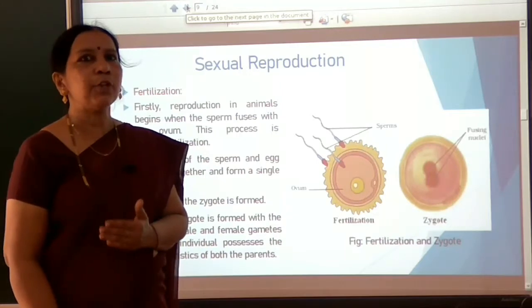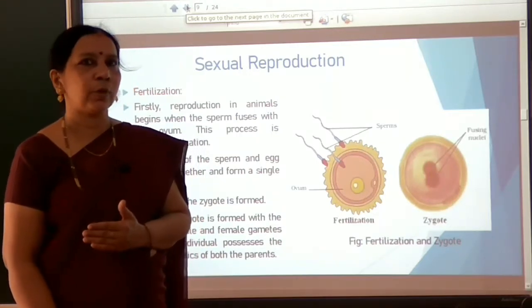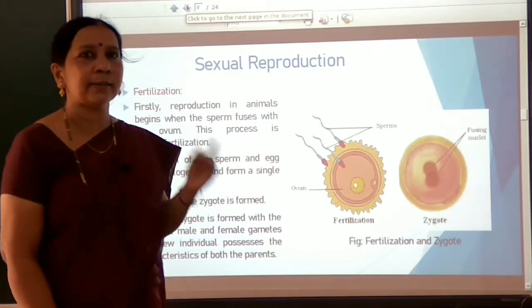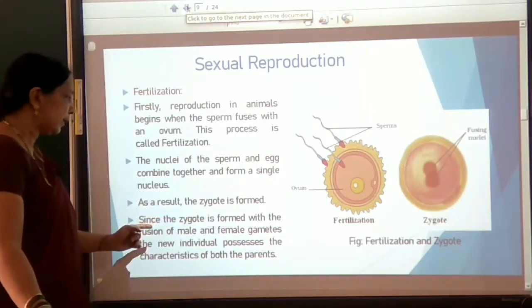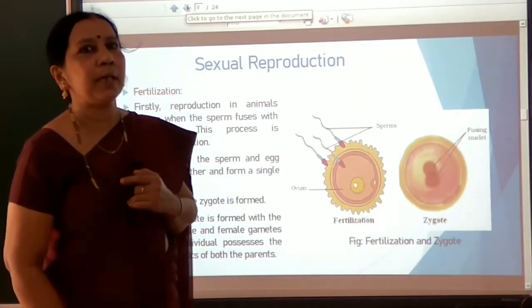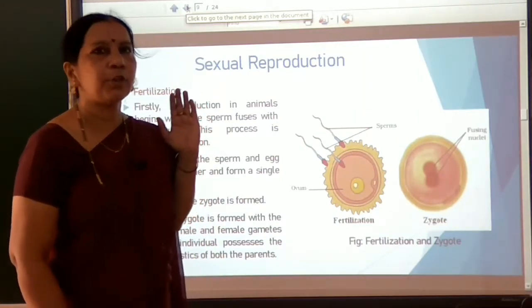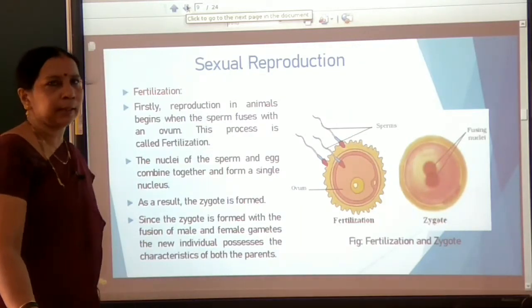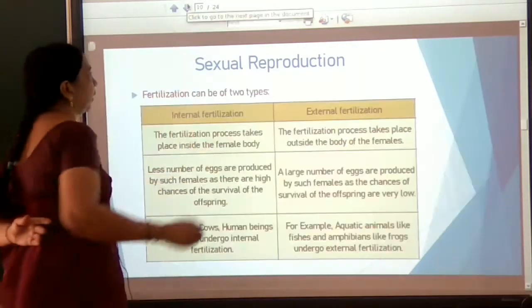So the resulting individual will get characteristics from both the parents. Why? Since the zygote is formed by the fusion of male and female gametes, the resulting individual will have the characteristics of both parents.